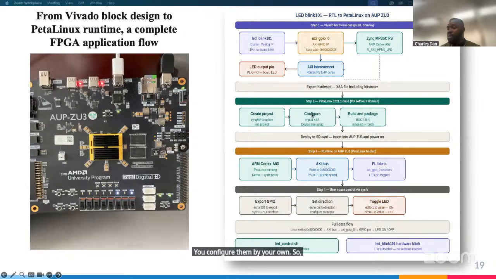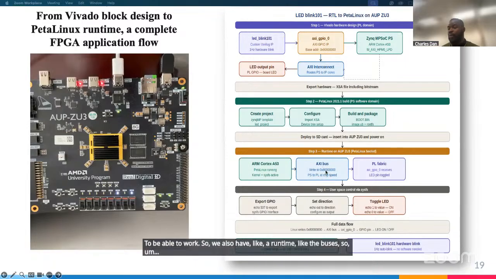On the Petalinux side, you can create a project. Then after creating the project, you can configure it, and then you build a package, because those kinds of things need some essential components to be able to work. So we also have a runtime, like the buses.